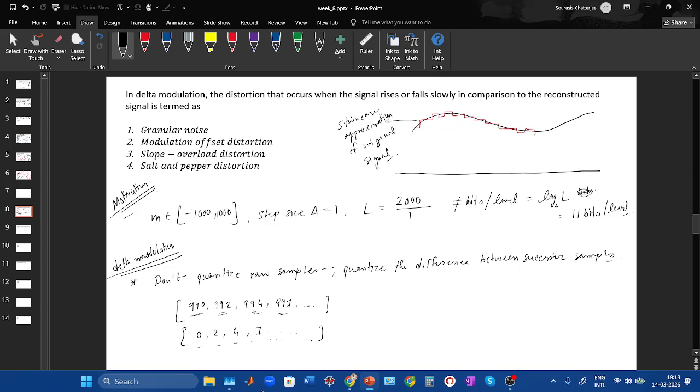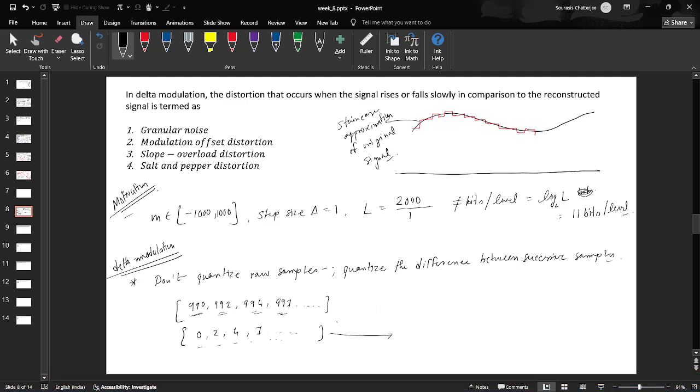Let's say in this particular interval my step size remains the same. What does that mean? I am still willing to keep my quantization error in check, lower than 0.5, that is half of the step size. I have my step size, but how many levels am I going to have here? The dynamic range changes drastically.